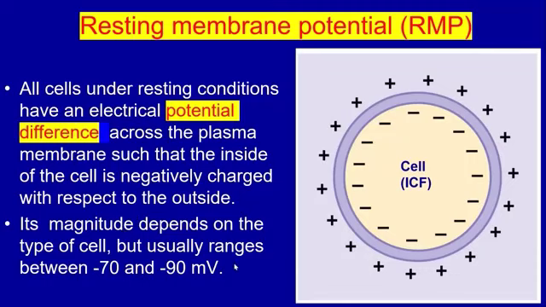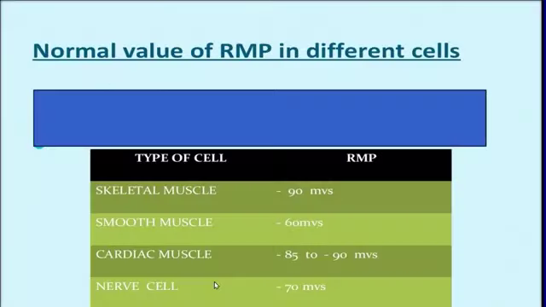In various types of cells this magnitude or quantity is different, but most of the books agree upon -70 to -90 millivolts. The normal value of resting membrane potential in different cells: in skeletal muscle it is -90, in smooth muscle it is -60 millivolts, in cardiac muscle it is -85 to -90 millivolts, and in nerve cell it is -70.